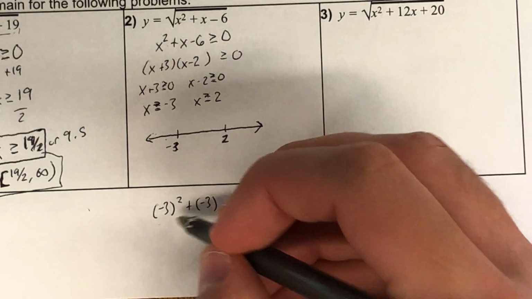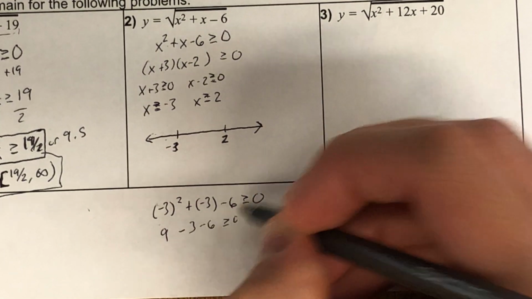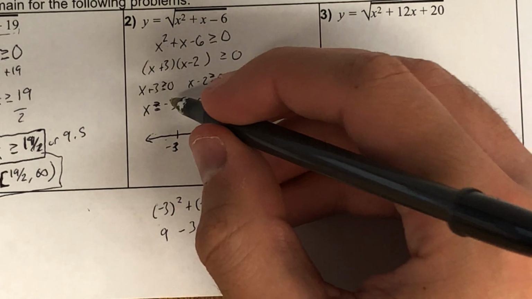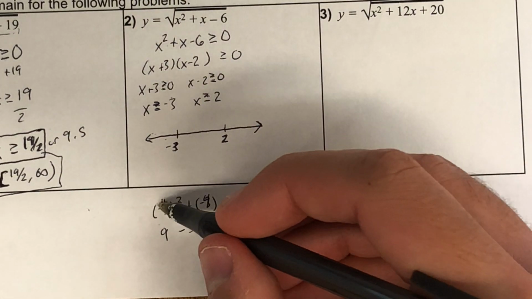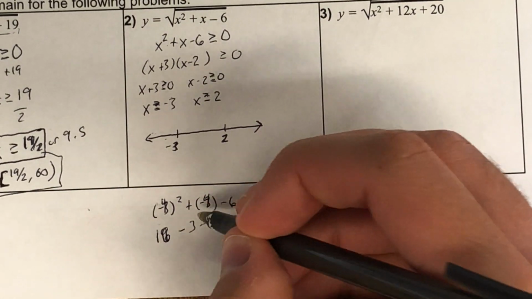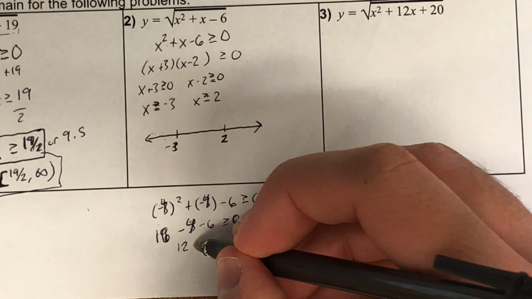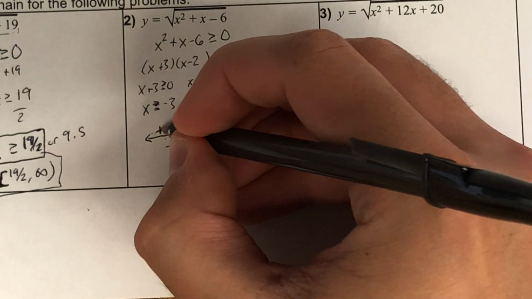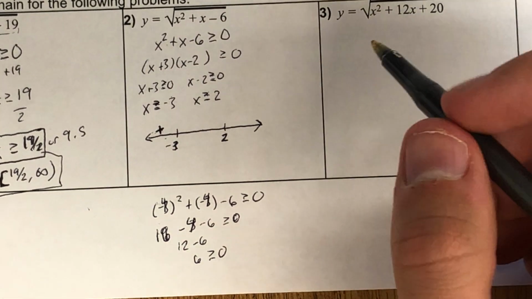So -3 squared is 9, -3 minus 6, or sorry, we don't want to use -3. You want to pick someone to the left of -3 because we determined that's when it's 0. So let's choose -4, my bad. So -4 squared would give me 16, -4 minus 6. 16 minus 4 is 12, minus 6 is 6. 6 is greater than 0. So whenever I pick values to the left of -3, or less than -3, we'll get something positive.